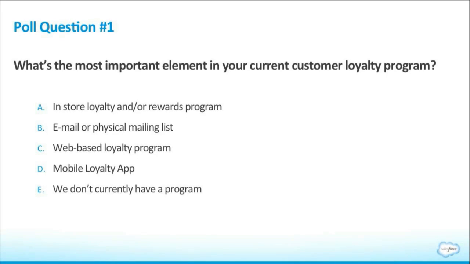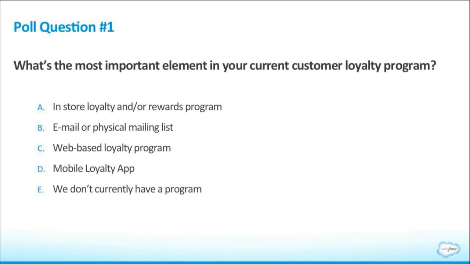C, do you have a web-based web page that's running your loyalty program? D, do you have a mobile loyalty app, so custom mobile app? Or E, you're not currently running a program, and that's hopefully why you're here with us today. So click on that tab, go ahead and vote. Great, I see the votes that are coming in. I'll give just another few moments for people to vote, and then we'll go ahead and move on to the next question.